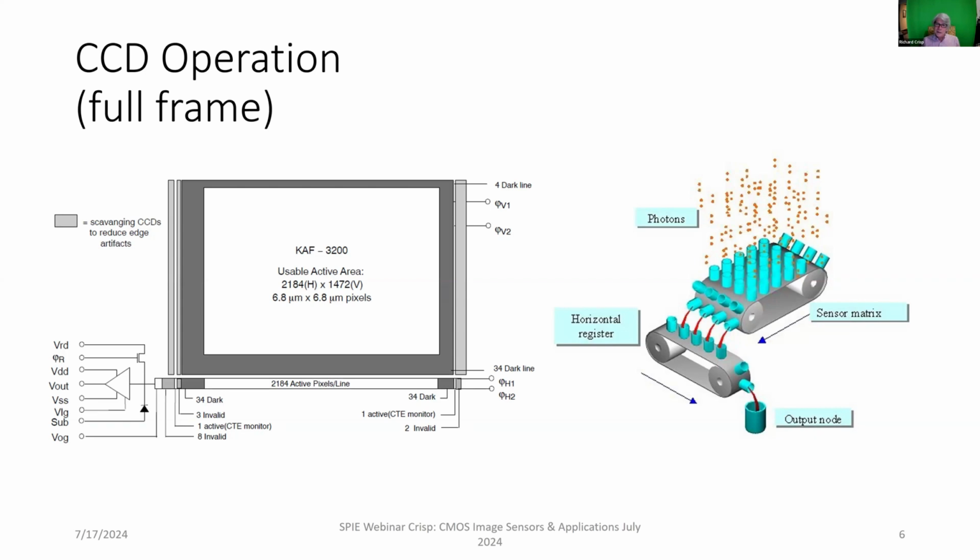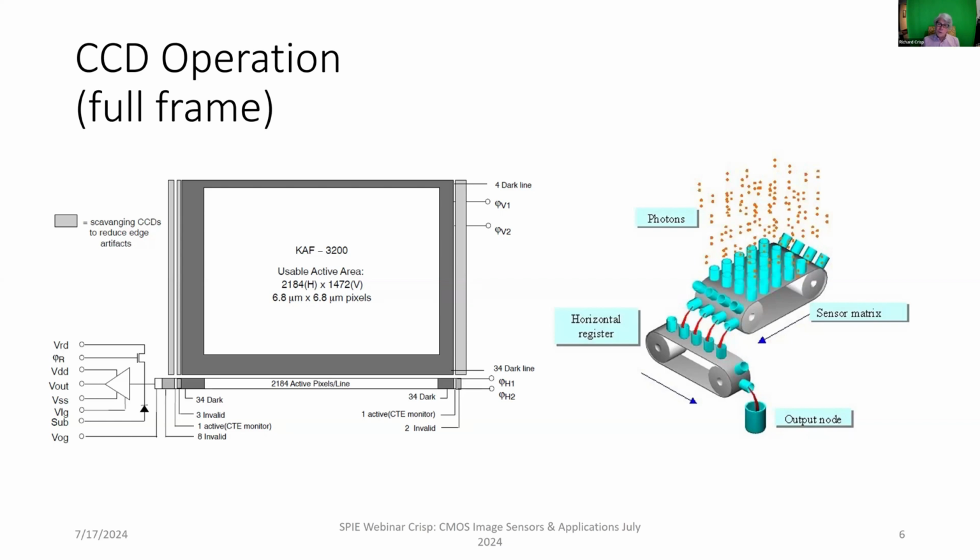So looking over on the left-hand side, the usable active area, the CCD array, is represented by that first conveyor belt. And that thing that says 2184 active pixels per line represents the horizontal conveyor belt. That's called the horizontal shift register.